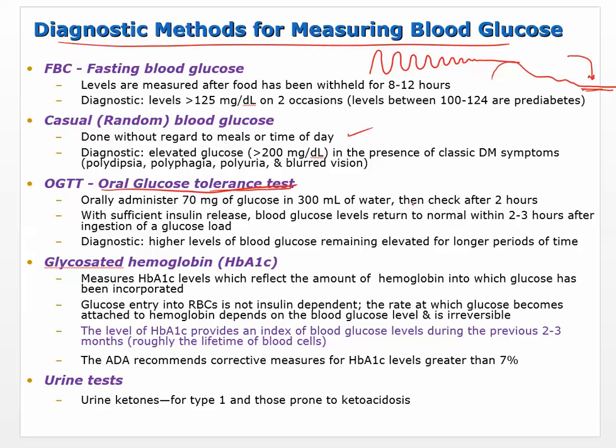That's going to cause a spike in blood glucose. If your insulin is being produced properly, it should return to normal after a couple of hours. With sufficient insulin release, blood glucose levels will return to normal within 2 to 3 hours after ingestion of a glucose load.